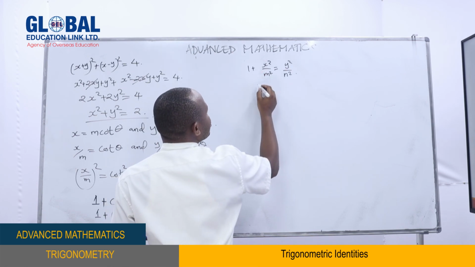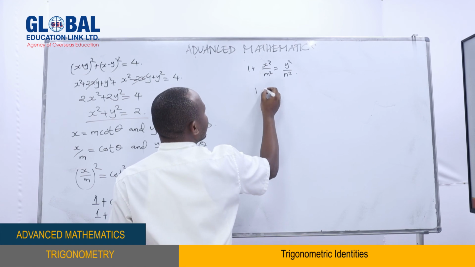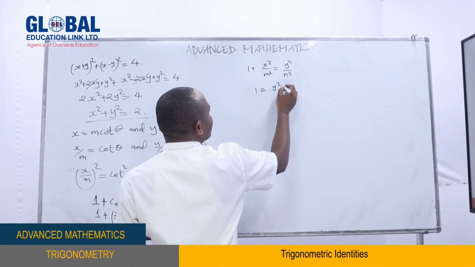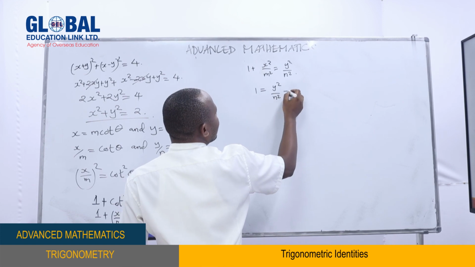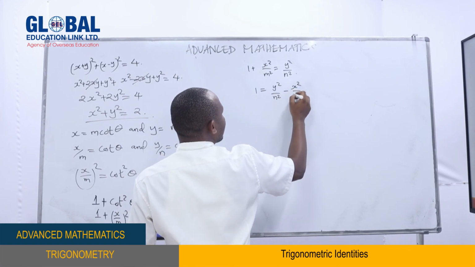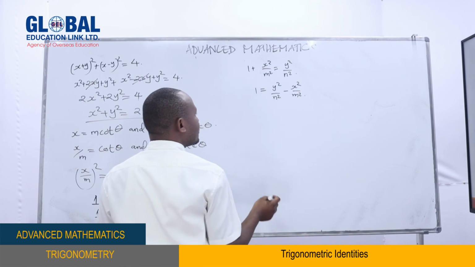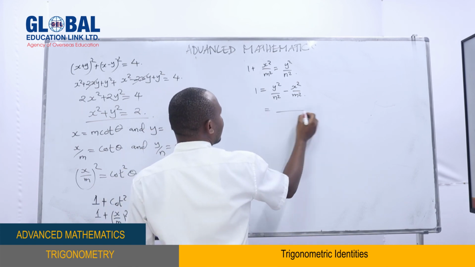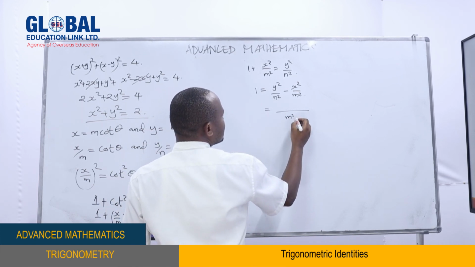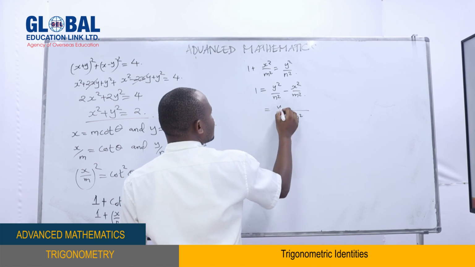This goes to that side, that means we are going to be left with 1 equals y squared over n squared minus x squared over m squared.